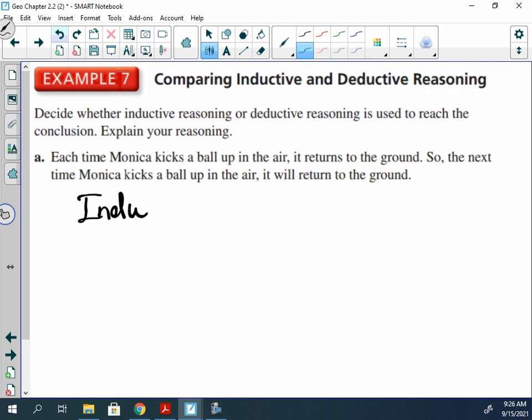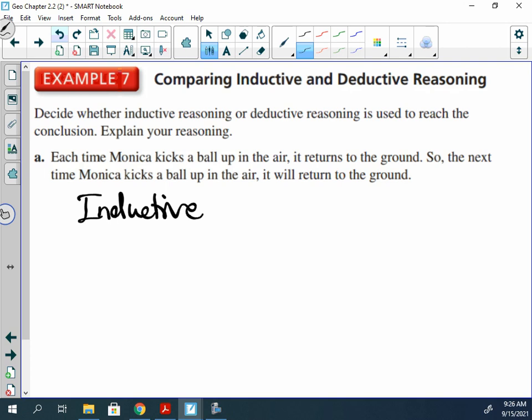I agree that it's inductive, but why would we say inductive reasoning? What makes something inductive reasoning and not deductive? Inductive is based off of what?